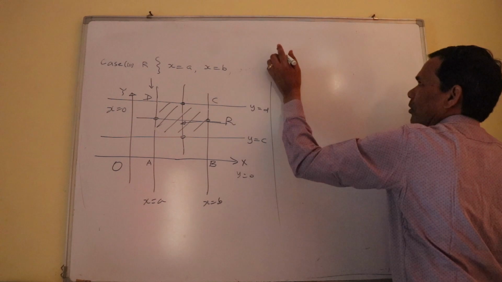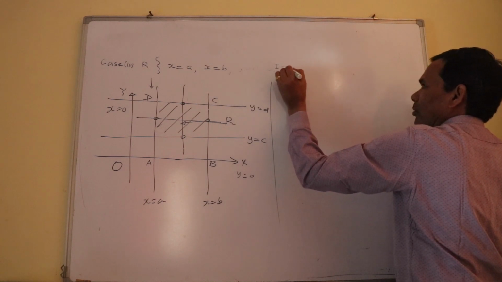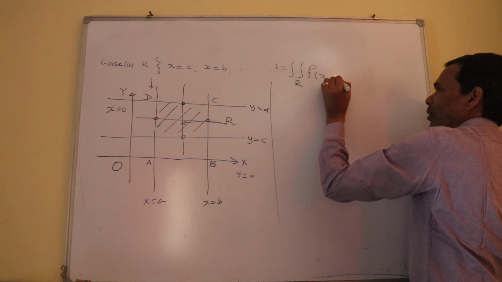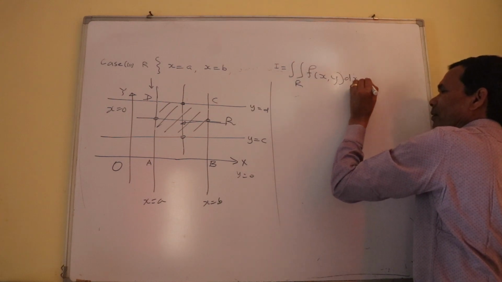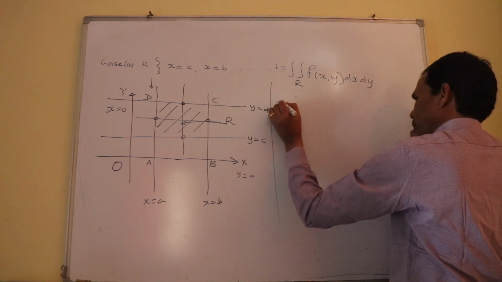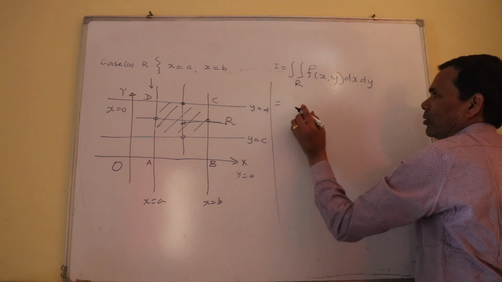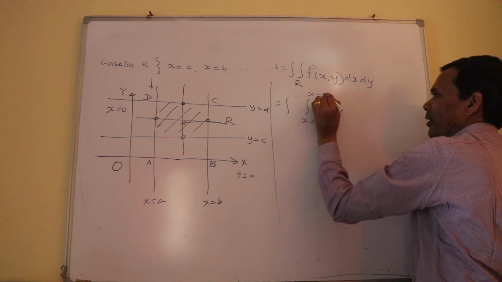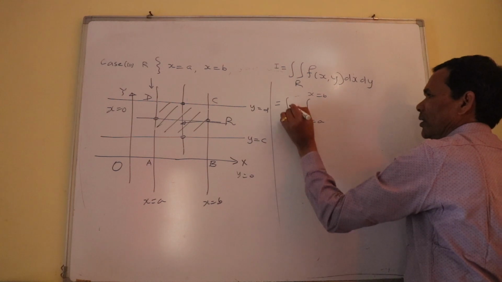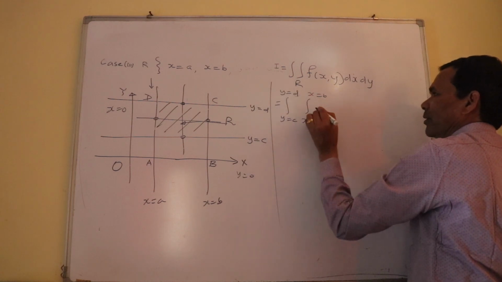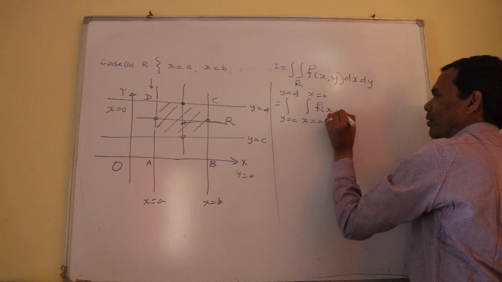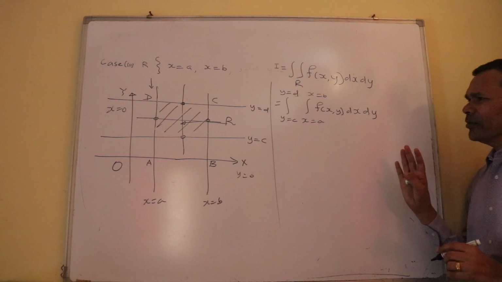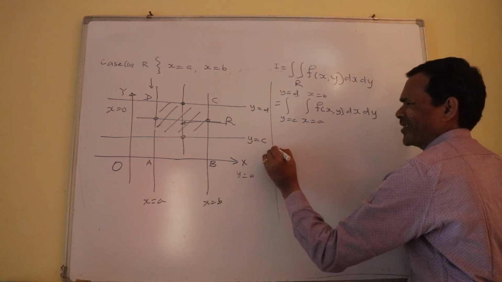So you can write this as the double integral I is equal to the double integral over R of f of xy dx dy. This is equal to the integral from x is equal to a to x is equal to b, y is equal to c to y is equal to d, f of xy dx dy. Now here you can integrate with respect to x first or y first, it does not make a difference.